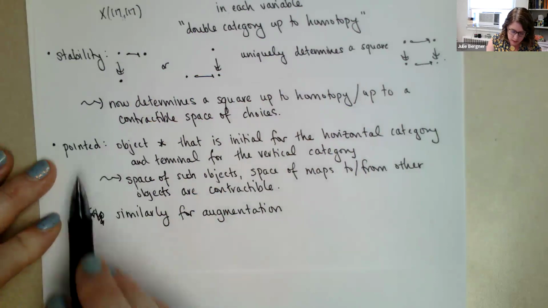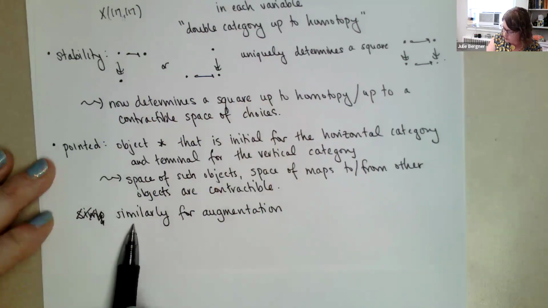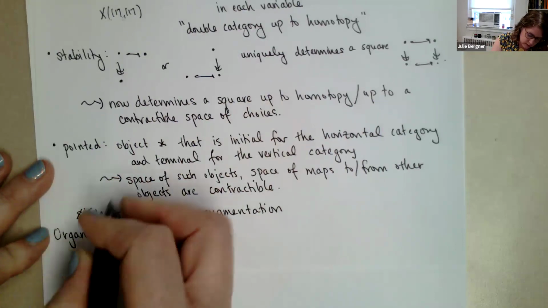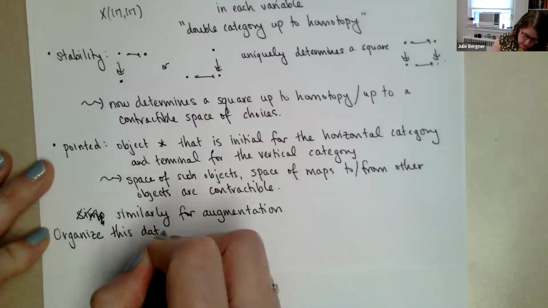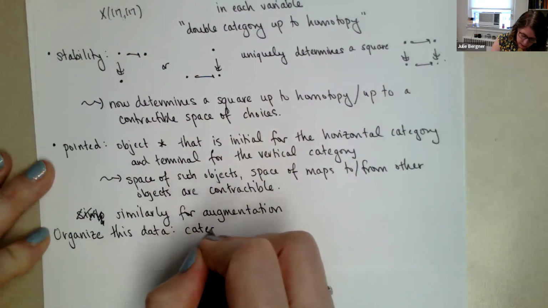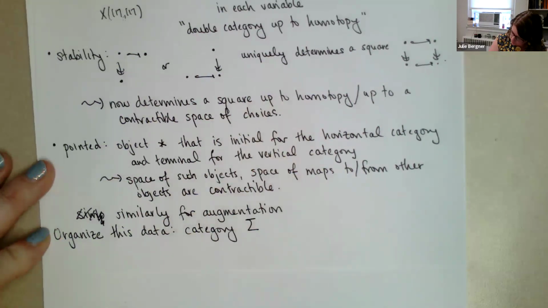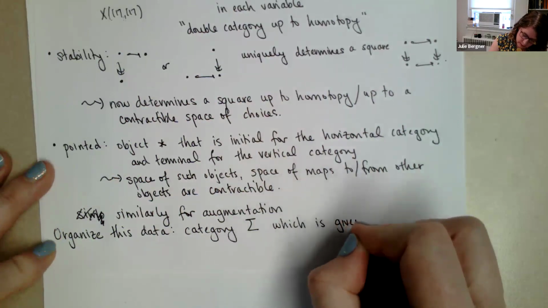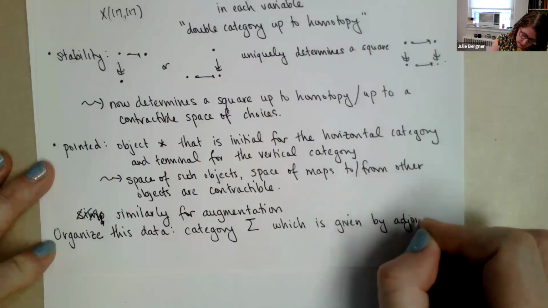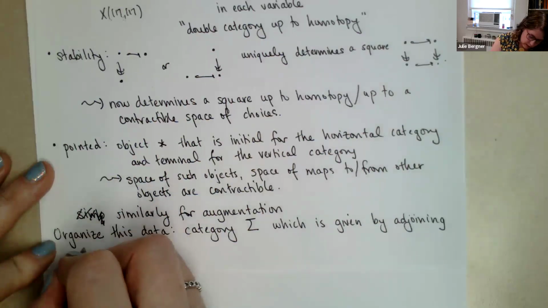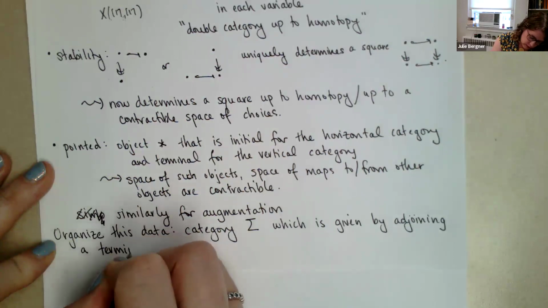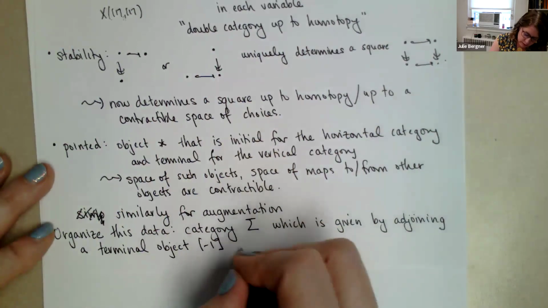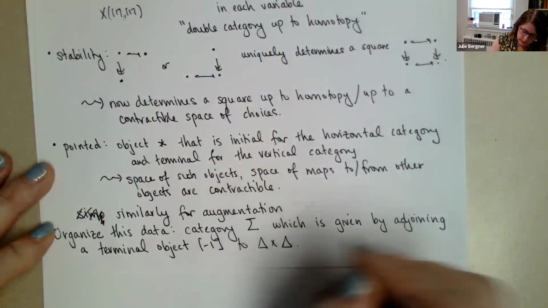When you want to encode the pointedness, the augmentation, one thing we can do to organize this data is via a category, which we call sigma, which is given by adjoining a new terminal object, sometimes we just write it as -1, to the category delta cross delta.